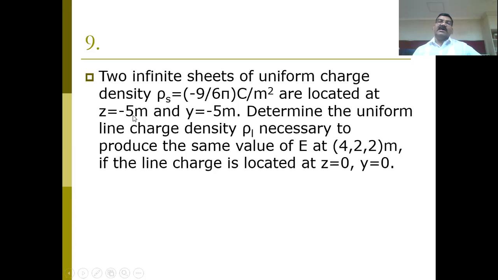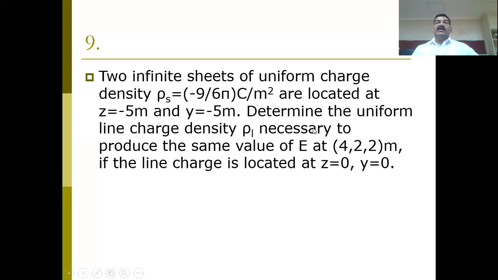One is at Z equals to minus 5, another is at Y equals to minus 5. So you have to find E due to these two uniform sheet charges, and you will get some value of E, whatever it is, due to these two sheet charges.